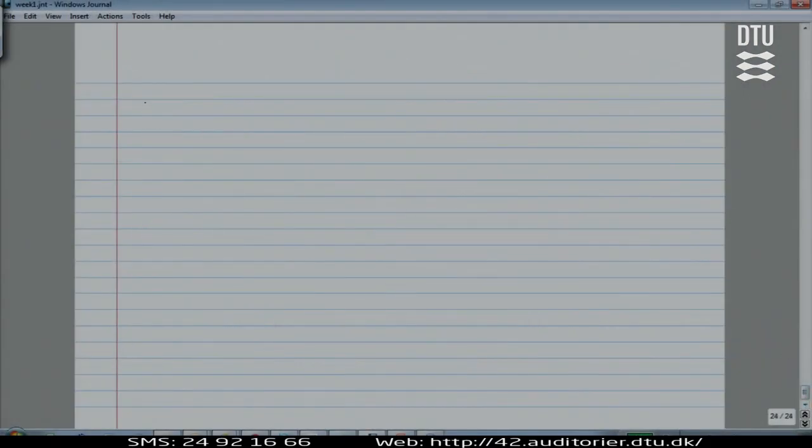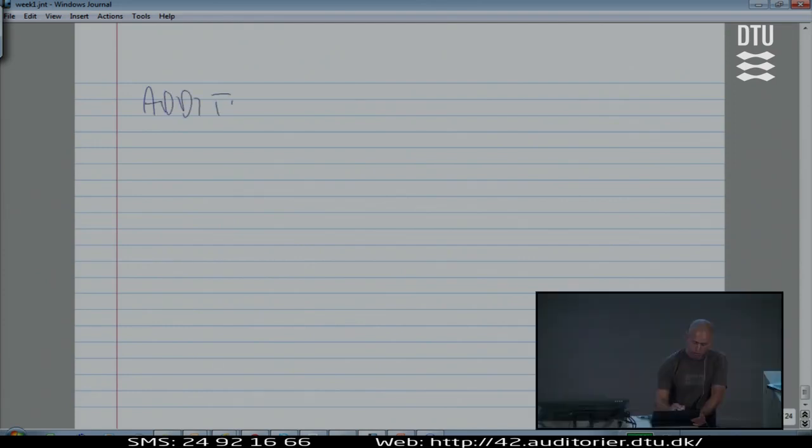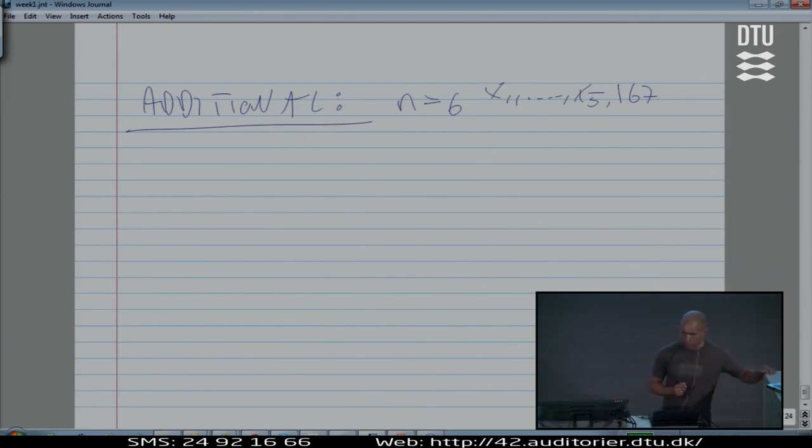Let's say we had an additional data point, so we have n equals 6. We have all the 5 from before, x1 up to x5, and then we have a person which I know very good. Here.